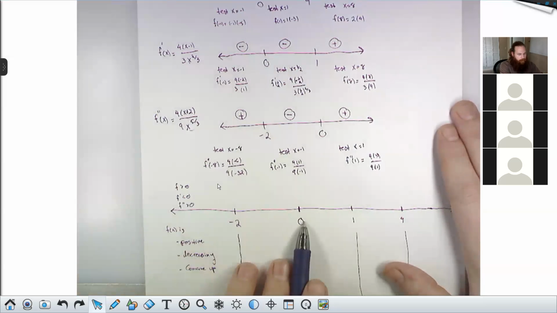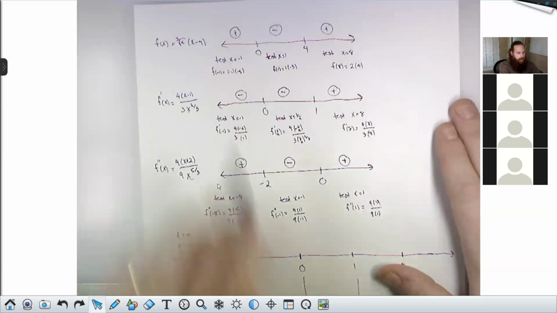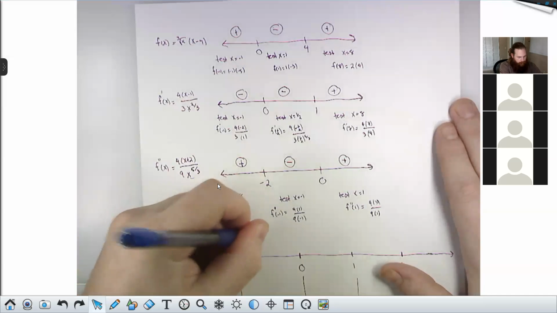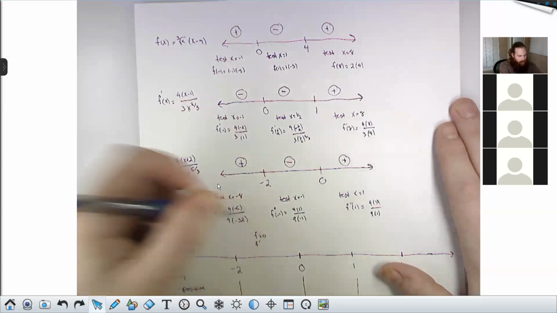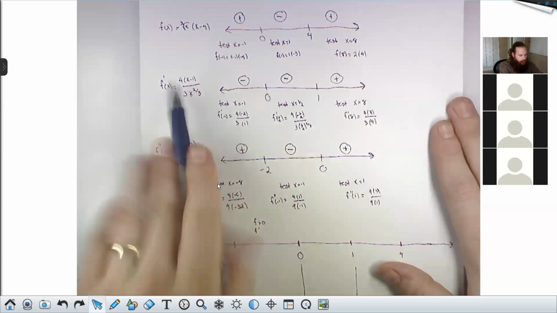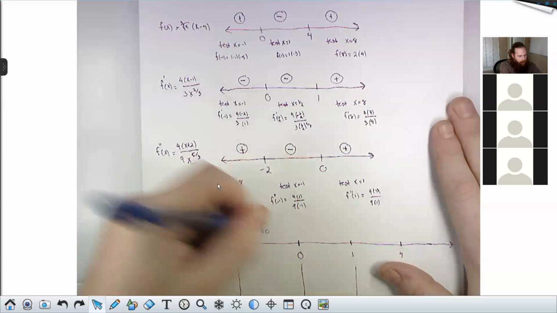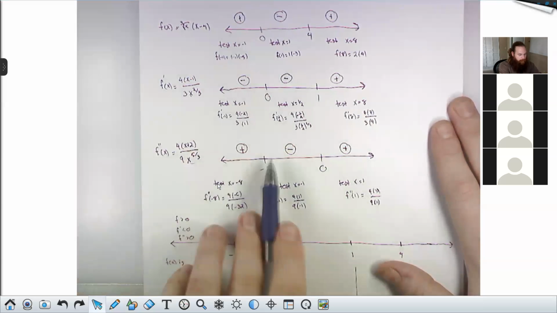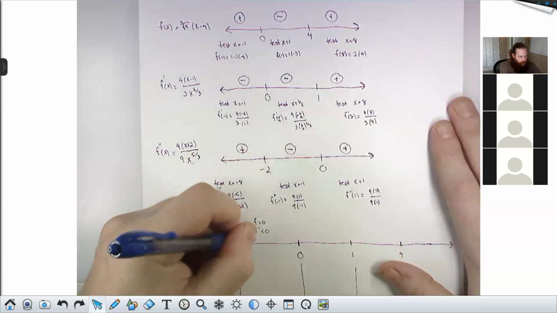Between negative 2 and 0, f is still positive. F prime between negative 2 and 0, we're still to the left of 0, so f prime is still negative. But between negative 2 and 0, f double prime has changed sign. F double prime is now negative.